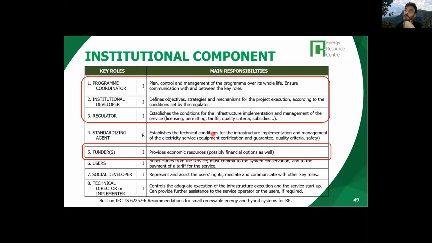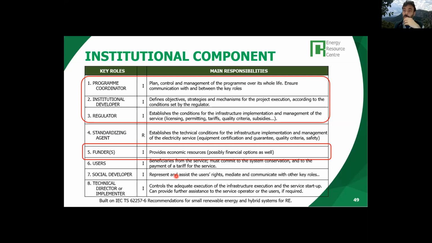Standards: what standards do we need to follow? The funding: who is putting the money into our projects? Who are going to be the users? And the social developer: sometimes in off-grid projects with rural populations, we have somebody who is representing them. We have an NGO, a local cooperative, some kind of local platform that is developing the project for them, but only doing that, okay?